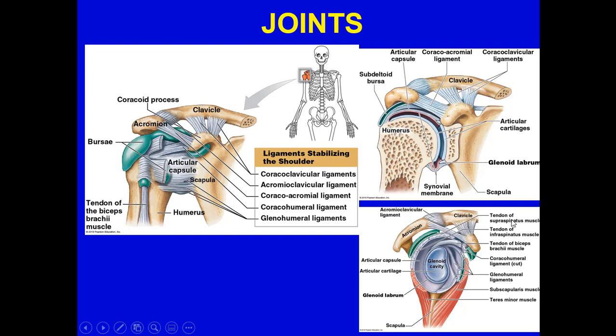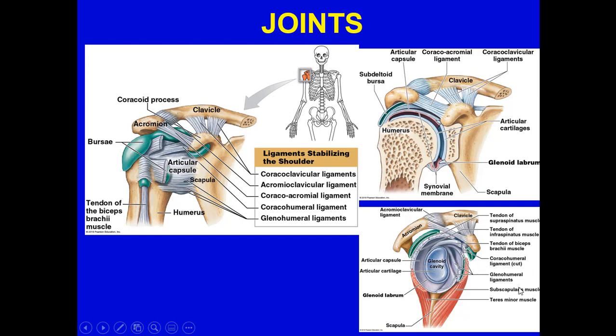You see the clavicle over here, and now you start seeing all of these other very important structures and the tendons of them, such as the supraspinatus muscle, the infraspinatus muscle, etc. These are going to play key roles in helping maintain the stability as well as movement. The biceps brachii tendon is right here. The coracohumeral ligament right here.